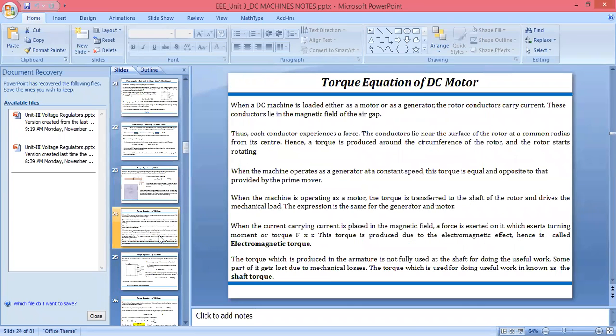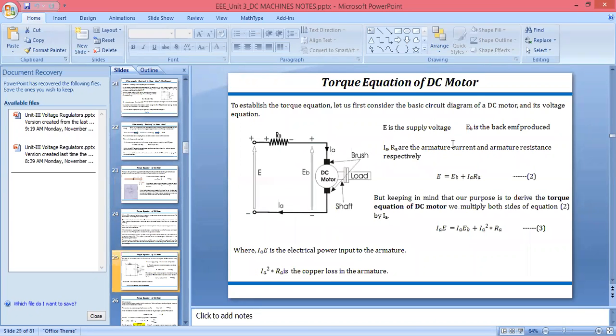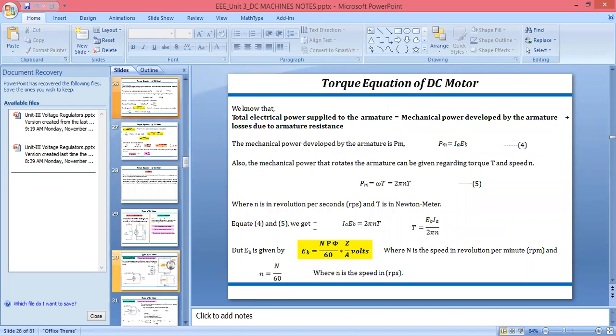Then we have seen that when we apply KVL, you will get the value of E. You will get the value of power, IA into EB. But we know the mechanical power that rotates the armature can be taken as torque and speed.